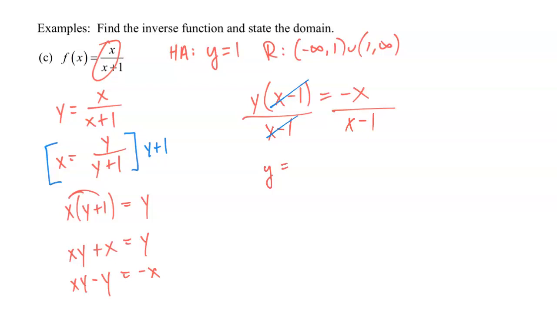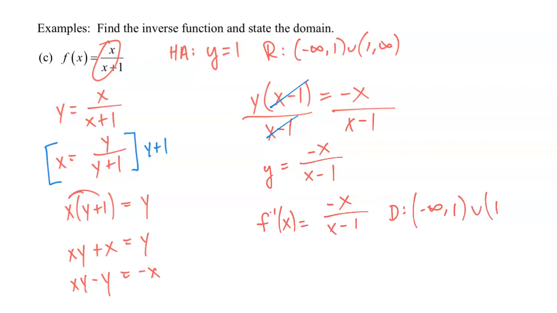And so I get y is equal to negative x over x minus 1, or in inverse notation, f inverse of x is equal to negative x over x minus 1, with a domain that is the same as the range of the original, which would be negative infinity to 1, and then union 1 to infinity.